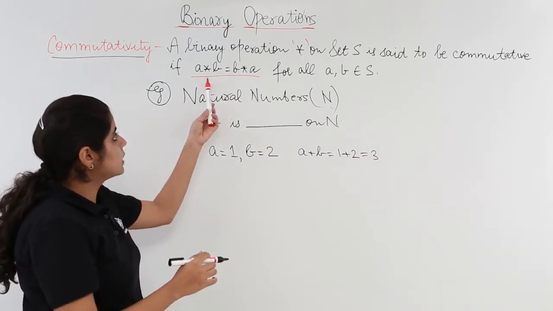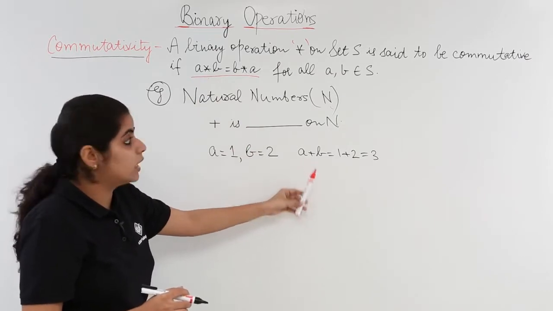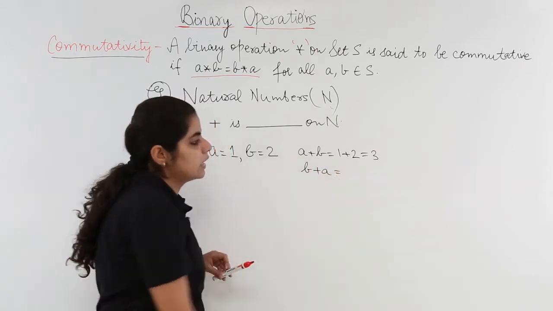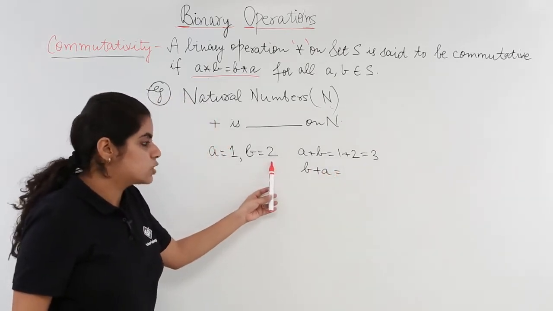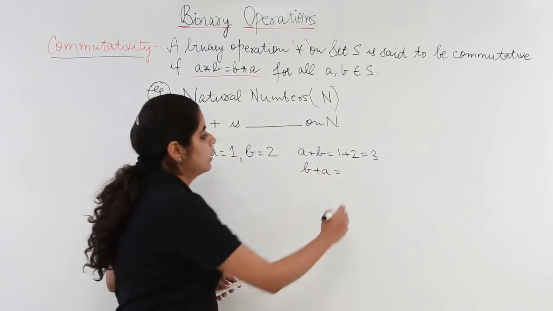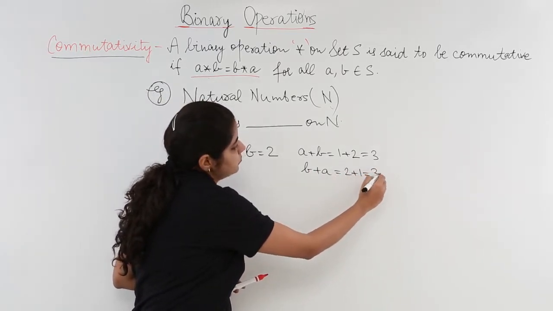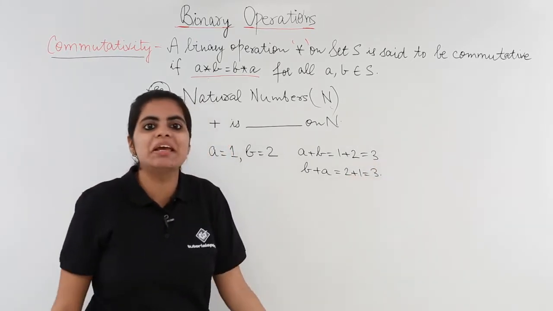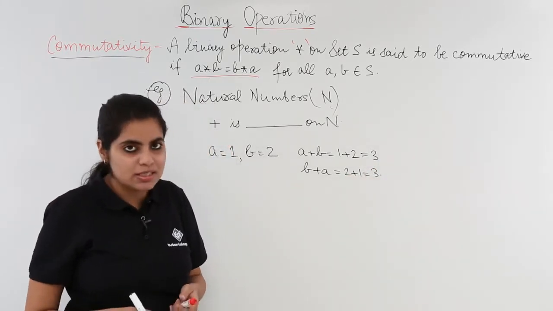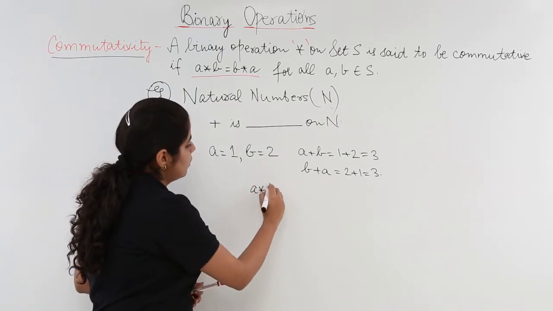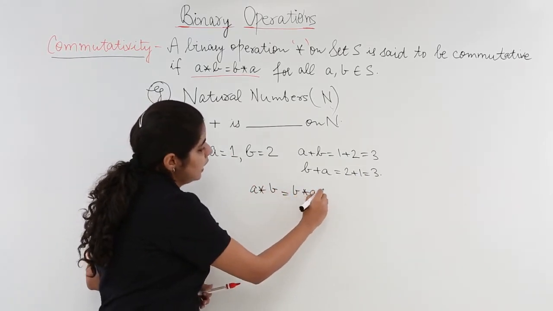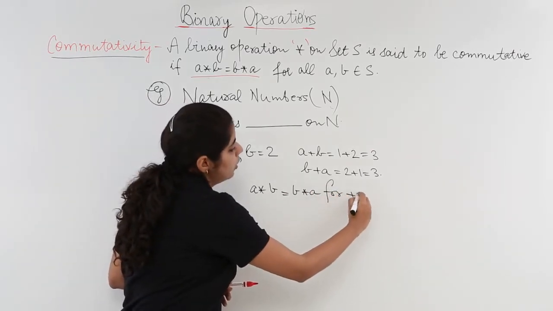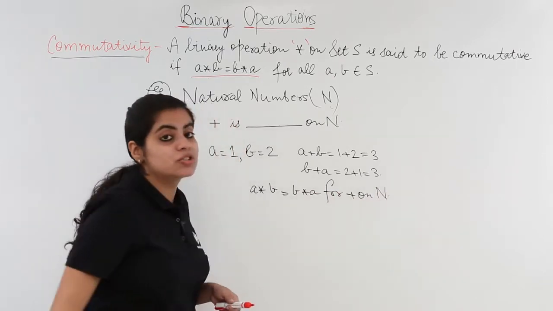Now, this was a star b, that means a plus b. What about b star a? B star a means b plus a. B is 2, a is 1, so 2 plus 1 means 3. We notice that both answers are the same, that is 3. So a star b is equal to b star a for the plus operation on natural numbers.